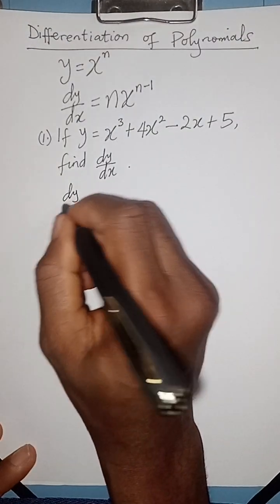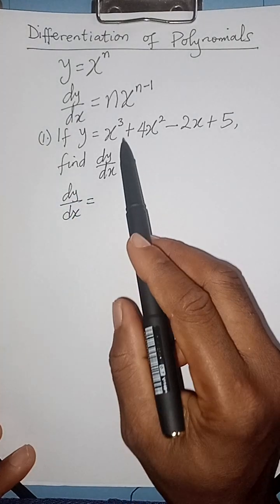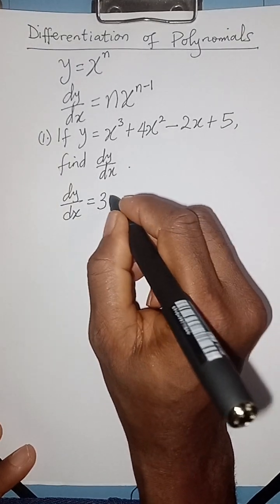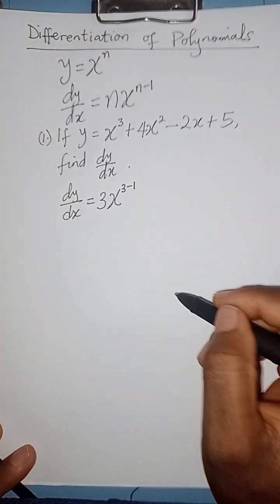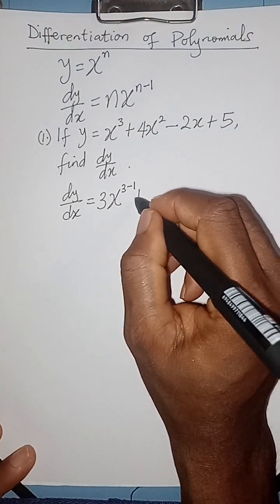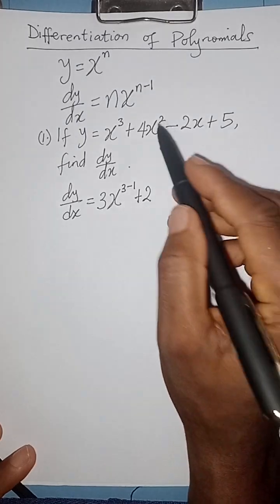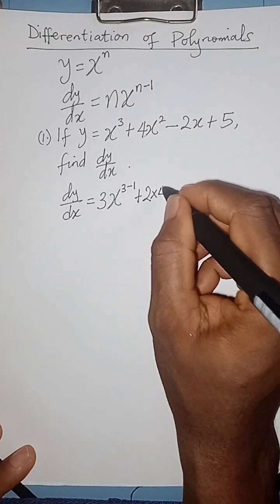dy/dx will be equal to, bring down the power 3, x, then reduce the power by 1, plus, bring down the power 2. There's 4 here as a coefficient already, so you're going to multiply it by 4.